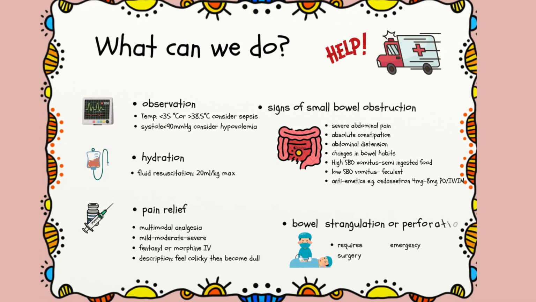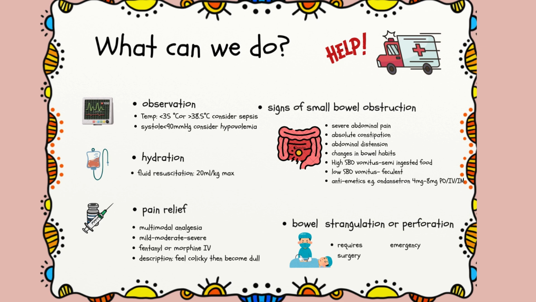So, how are we going to treat these patients in a pre-hospital setting? Our primary focus for managing these patients will be on treating their symptoms. This includes providing adequate pain relief and possibly administering IV fluids if the patient shows signs of dehydration.